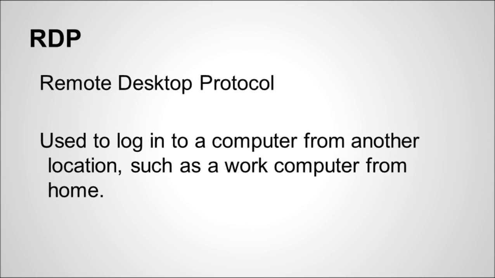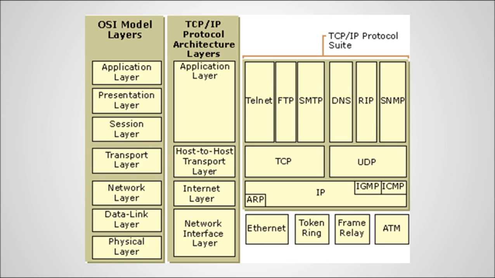Remote Desktop Protocol is how you can log into your work computer from home, and that's also the application layer. Each of those sets up how the data being exchanged is to be packed and unpacked, what route it'll take to get there, and any passwords or encryption it'll need to use. Again, those were separated in the OSI layer, but they're combined in the TCP/IP layer because it better reflects how the process actually functions.